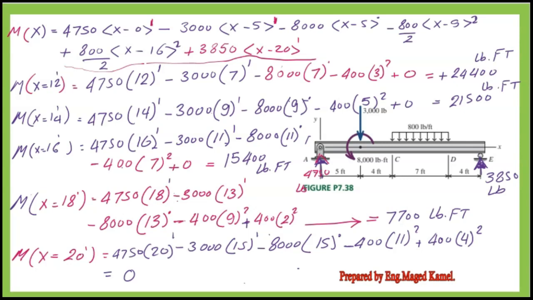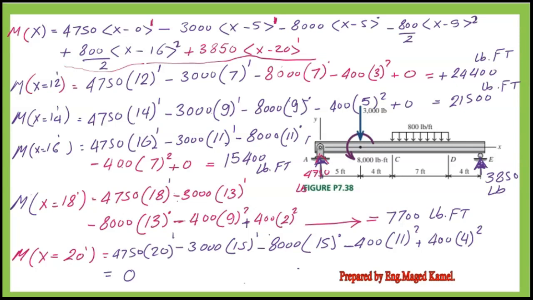The moment value at x equal to 18 foot will be equal to 4,750 by 18 minus 3,000 by 13 minus 8,000 multiplied by 13 to the power of 0 minus 400 multiplied by 9 raised to the power of 2 plus 400, this term will appear, plus 400 multiplied by 2 raised to the power of 2.